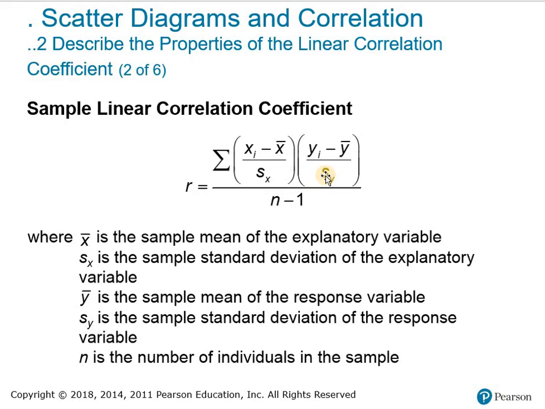N is the number of individuals in the sample. Xi represents each value of the explanatory variable, and yi represents each value of the response variable.